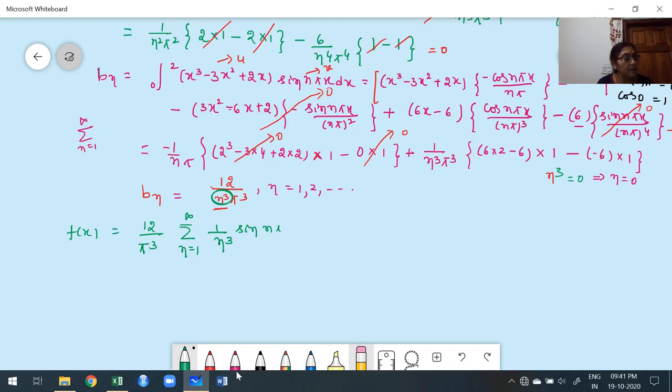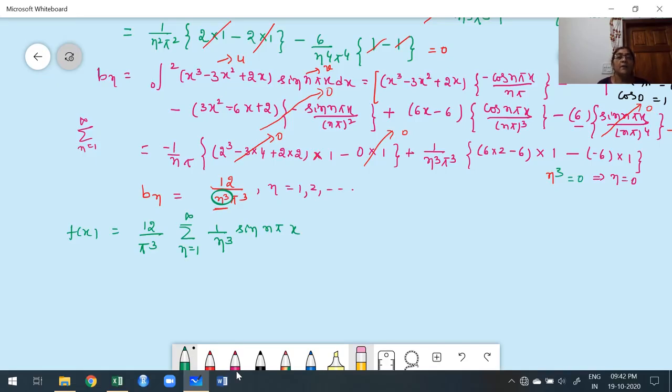Now we get which value here? The bn value. Now I have to observe carefully here. The thing is sine of n pi x. Sine of n pi x, because this is nothing but sine of n pi x. Now you have sine of n pi x here. Observe carefully.